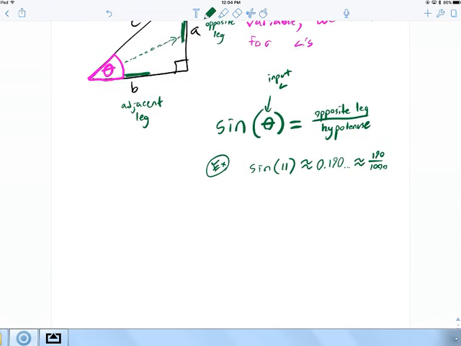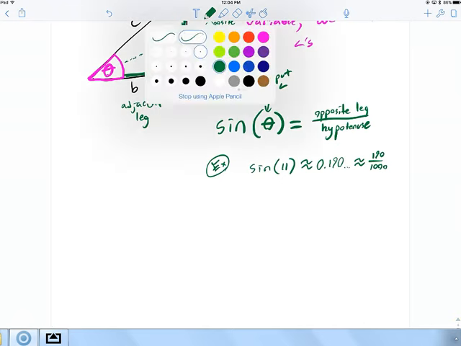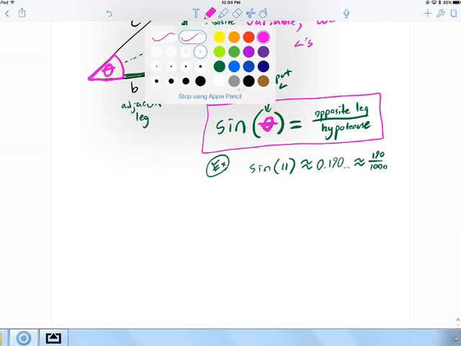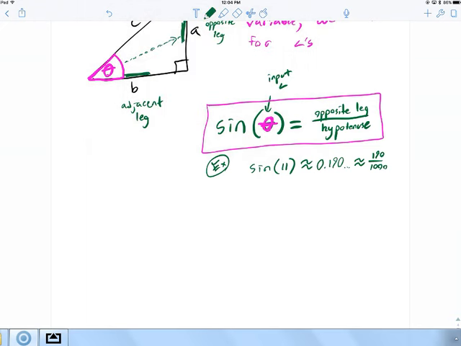Now, I'm also going to declare the rest of mine. So I've got what is the sine ratio. Very clearly, once I chose the angle theta here, then I know my sine is the opposite leg over the hypotenuse. That's the ratio the sine is talking about. So let's do our other two that we're going to talk about today.